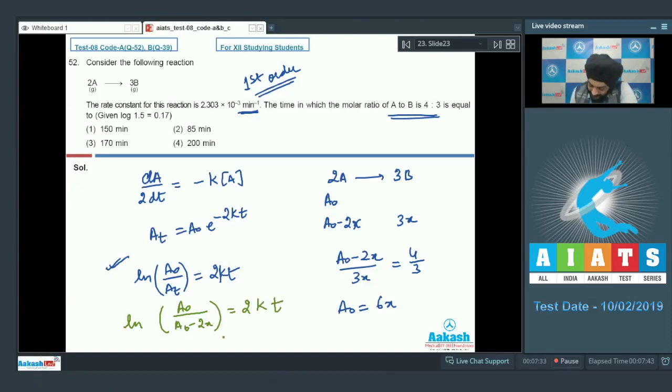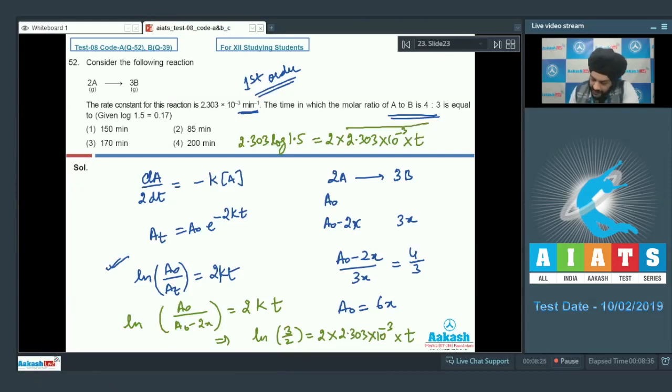So if we simplify this, we're going to have ln of 3/2 is equal to 2 times the value of k, which is given to us, 2.303 × 10^-3, times the time t. So ln 3/2 can be written as 2.303 log of 1.5, and this shall be equal to 2 × 2.303 × 10^-3 × t.